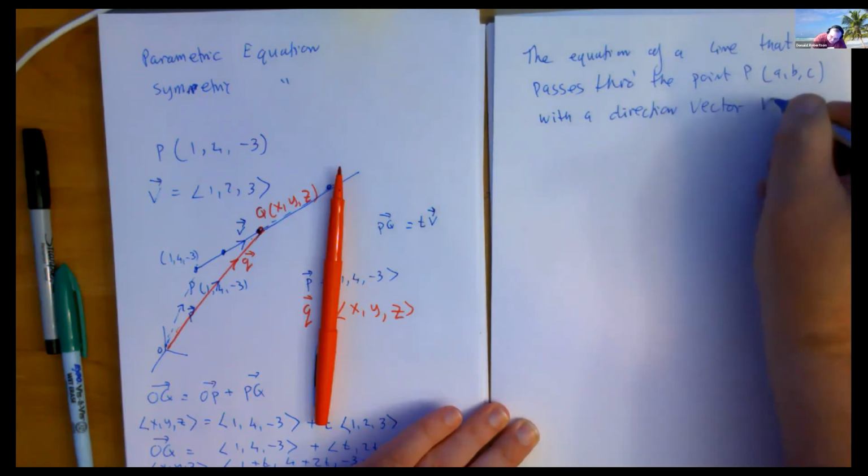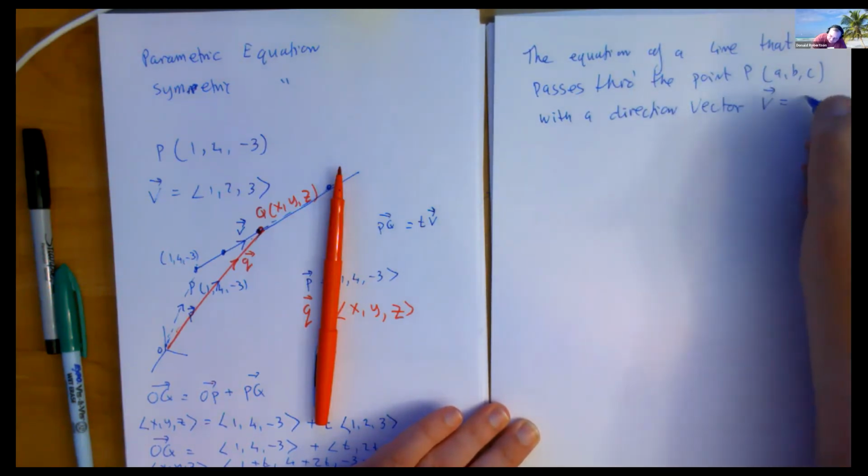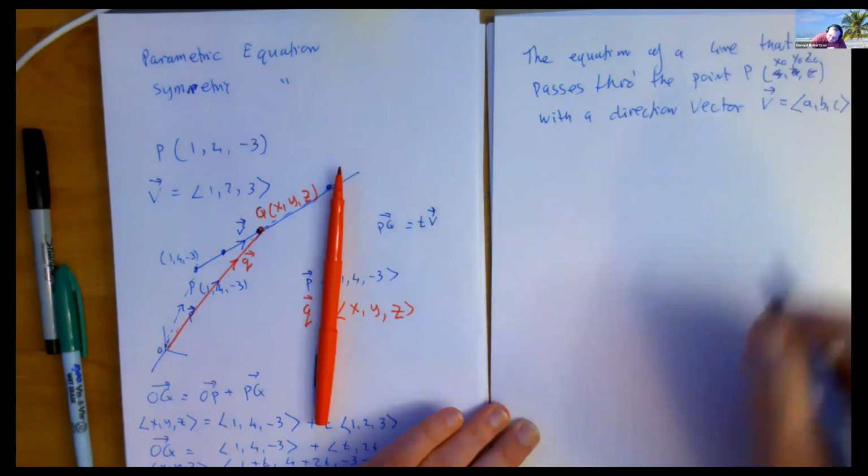So we're going to have to call the direction vector something else. So what do I want to call it? ABC, PQR. Actually, let me change. Let me call this ABC. And let me call this X naught, Y naught, Z naught. That's probably a better notation.